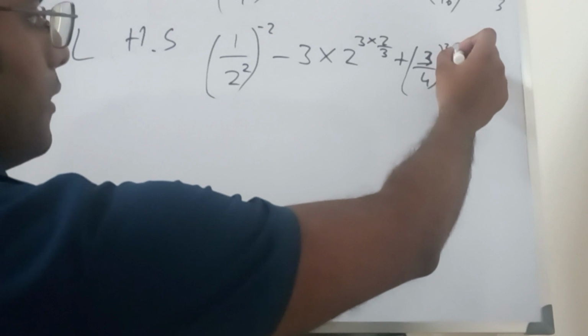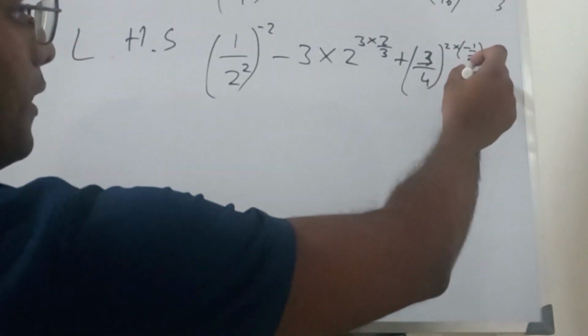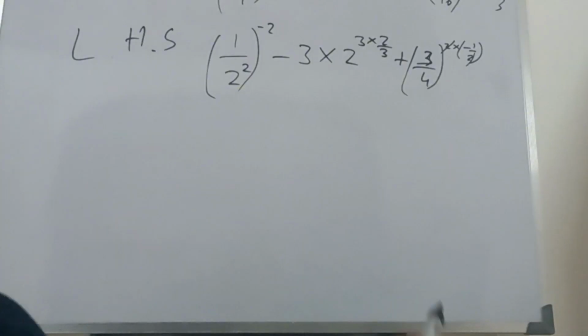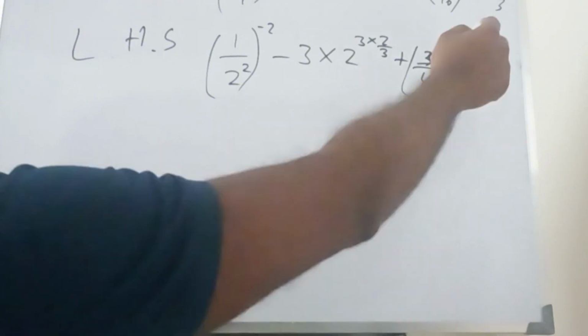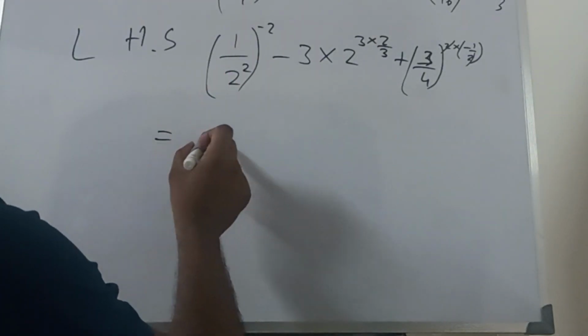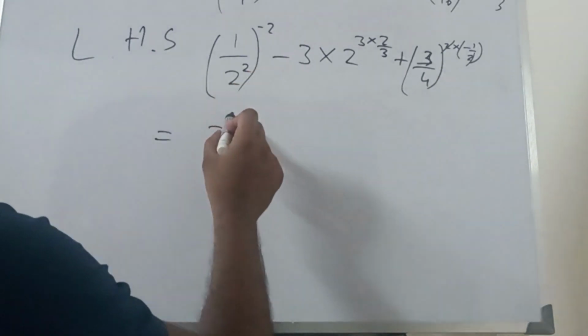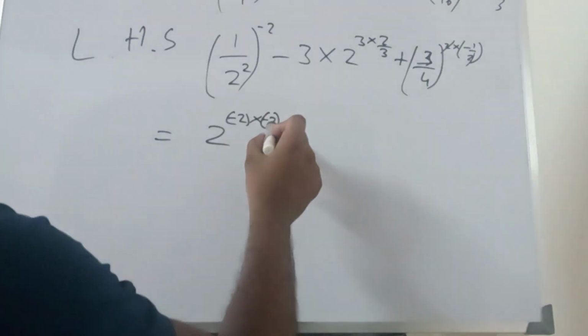So square means this half minus half is multiplied. This 2 and 2 gets cancelled. So this will be reciprocated to make this power positive. And over here this 2, if I am writing it in numerator, that is 2 raised to the power minus 2 into minus 2.